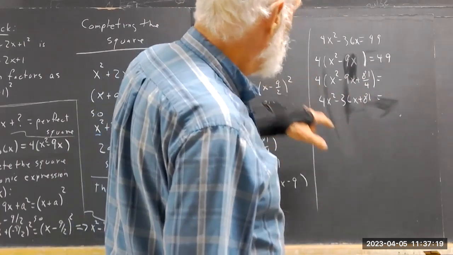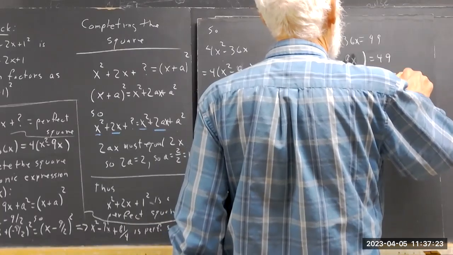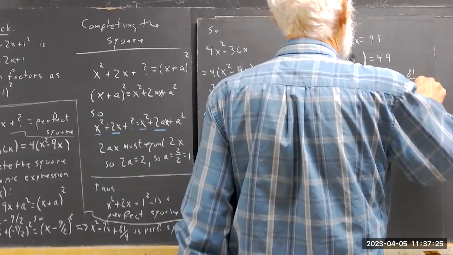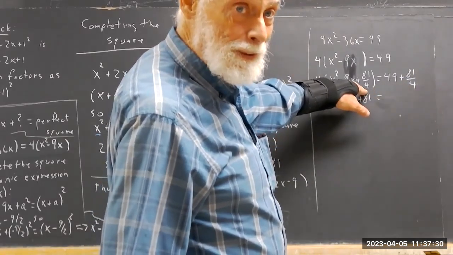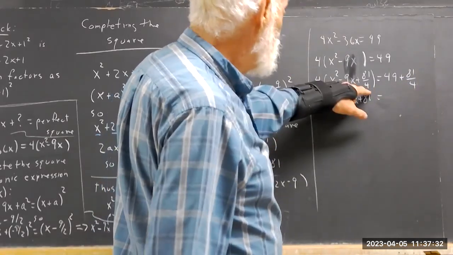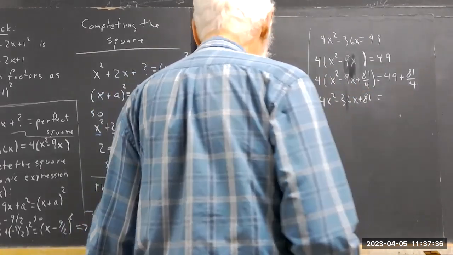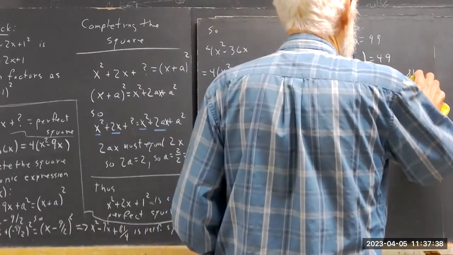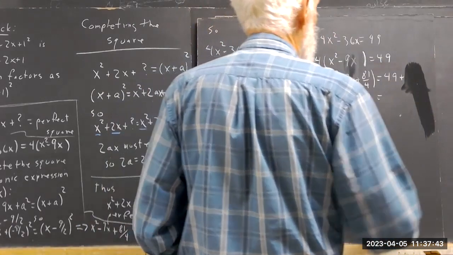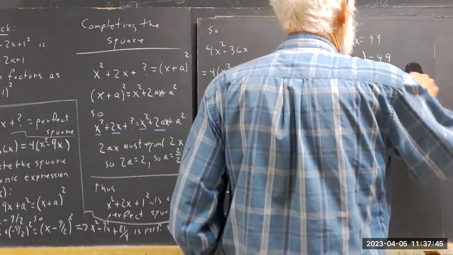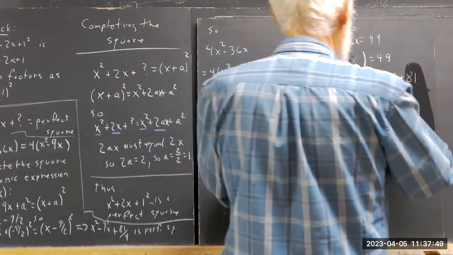Well, you can think, okay, instead of writing 49 plus 81 fourths, when I add the 81 fourths there, I realized that 81 fourths is multiplied by 4. So really I need to add 81 down here.